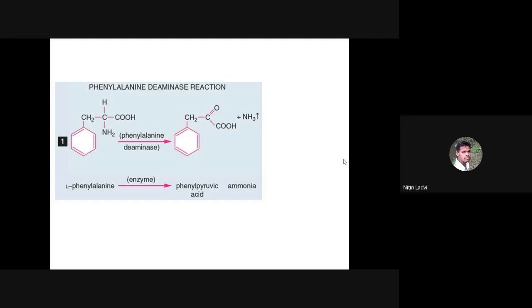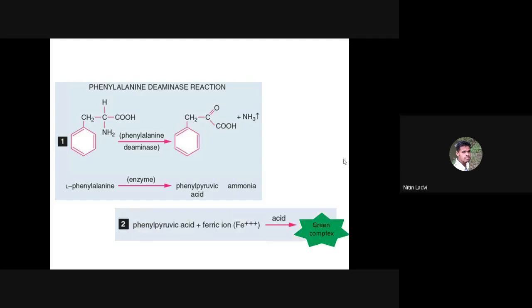So we add something over there, and that is the 10% ferric chloride. Ferric ions are supplied by the addition of 10% ferric chloride, and that reacts with one of the end products, phenyl pyruvic acid, and then we get the green complex. That green complex indicates that the overall test is positive.